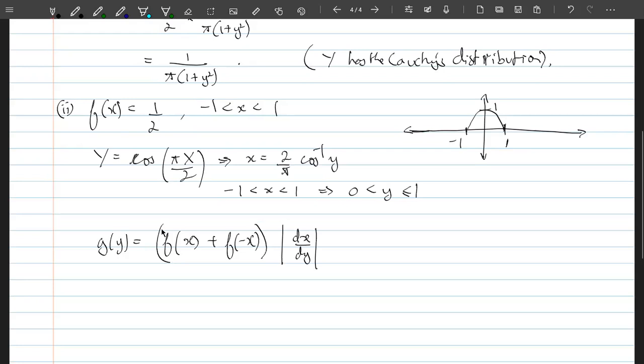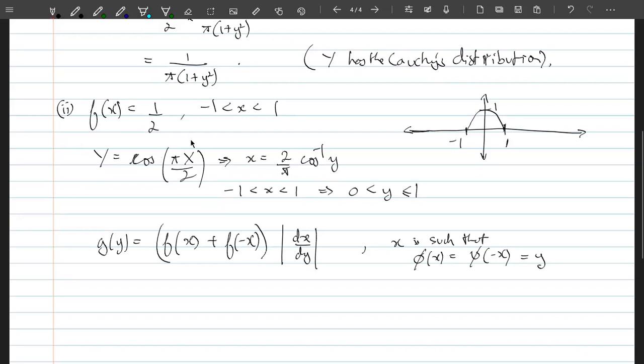So if you observe what we did in the previous problem, this is exactly what we got, where x is such that phi of x and phi of minus x equal to y.